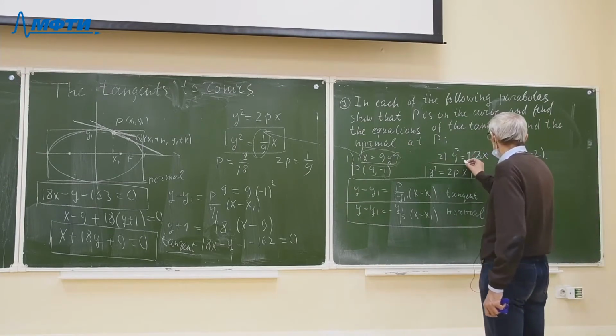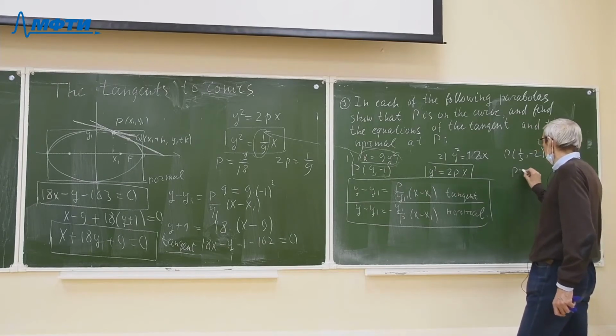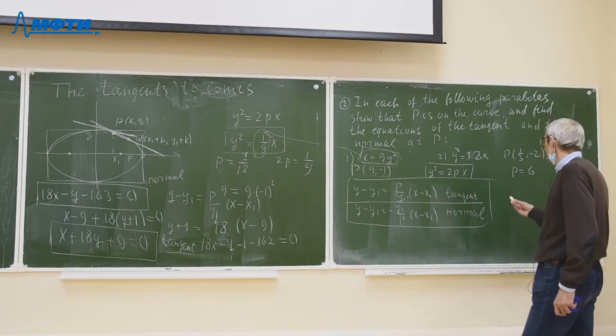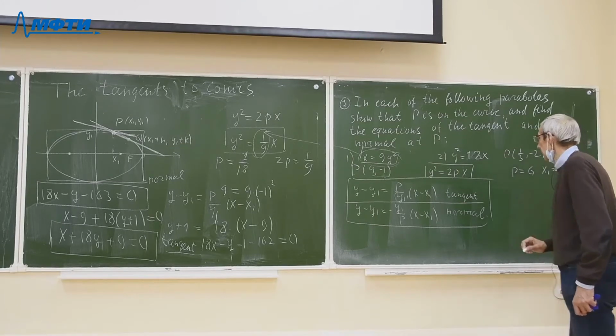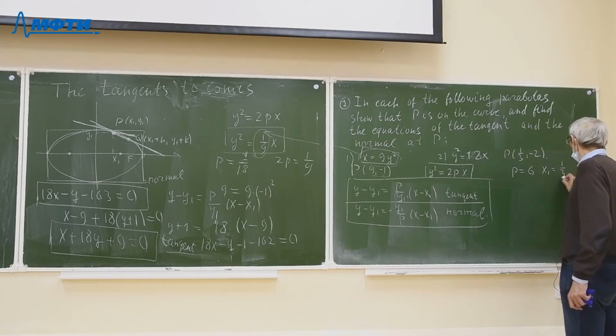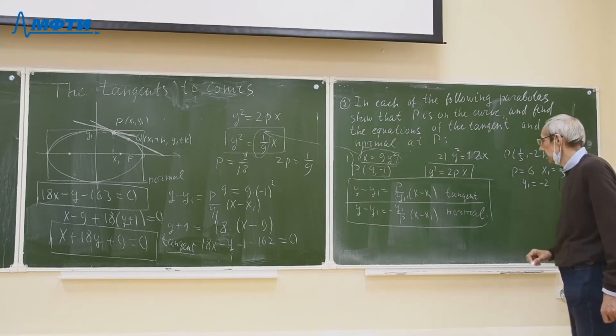In this case, we have that p is equal 6 and x1 is equal 1 divided 3, y1 is equal -2.